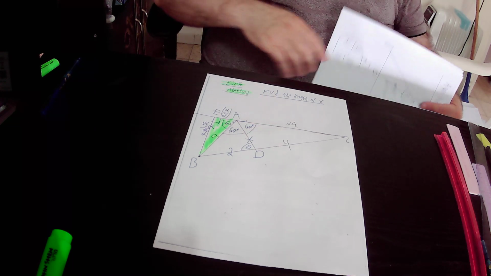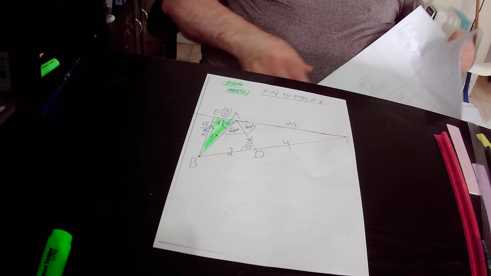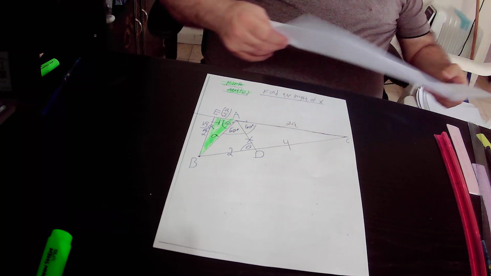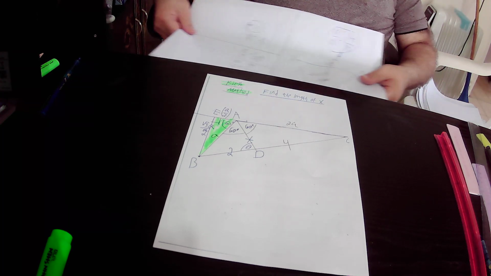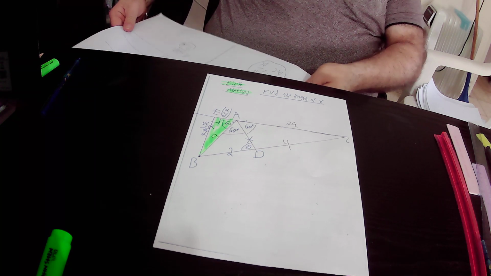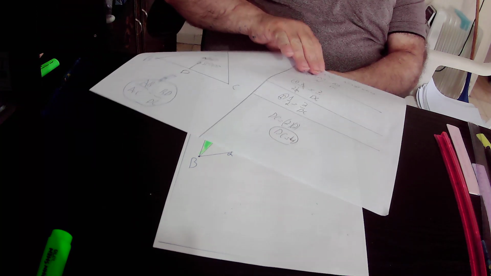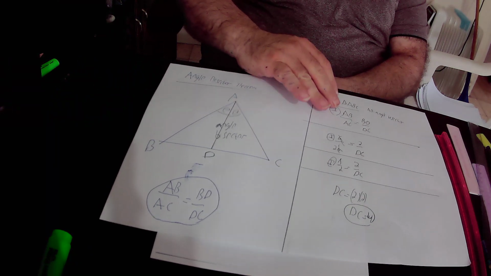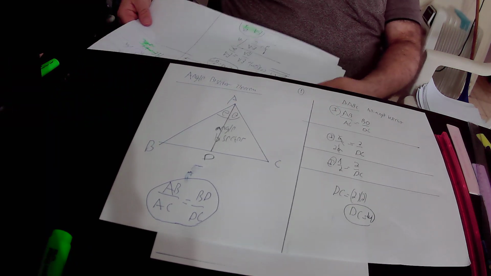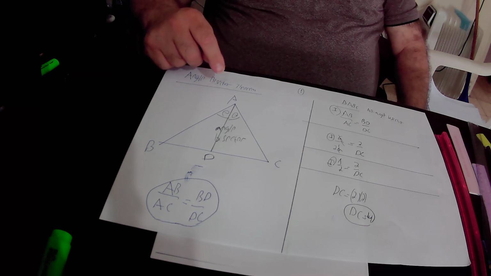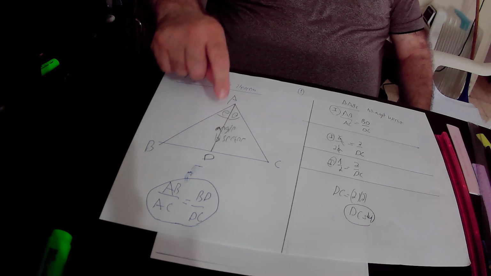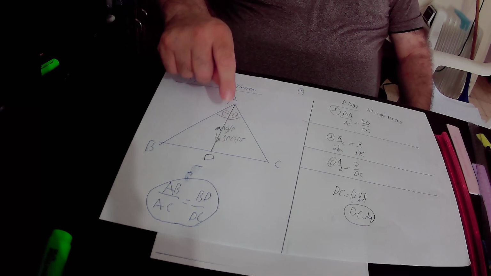Okay, so first of all, I presented to you the angle bisector theorem. The angle bisector theorem is true in any triangle. So if we have this triangle ABC, that could be any triangle, in triangle ABC, AD is the angle bisector. Why is AD the angle bisector?